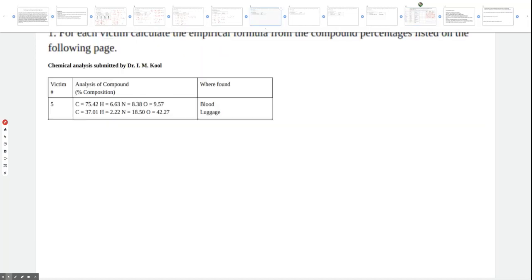All right, number 5 has 2 compounds. First one, compound A, 75.42, 6.63, 8.38, 9.57.